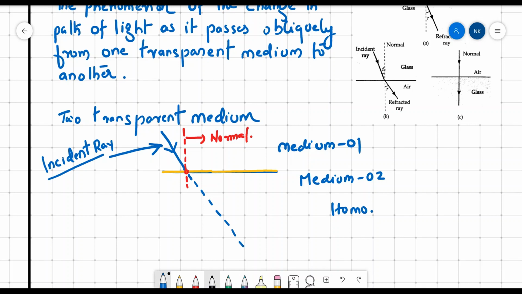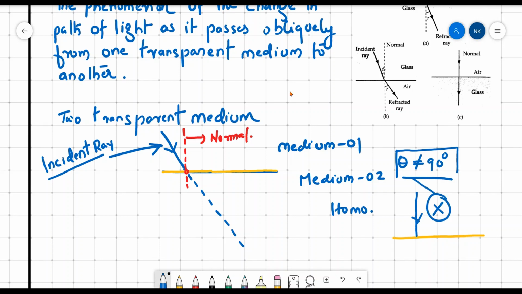Now it was observed that when the light travels from transparent medium number 1 to transparent medium number 2 obliquely, it makes an angle theta with the surface which is not equal to 90 degrees. See, if it enters perpendicularly, that must not be the condition, that is theta not equal to 0.